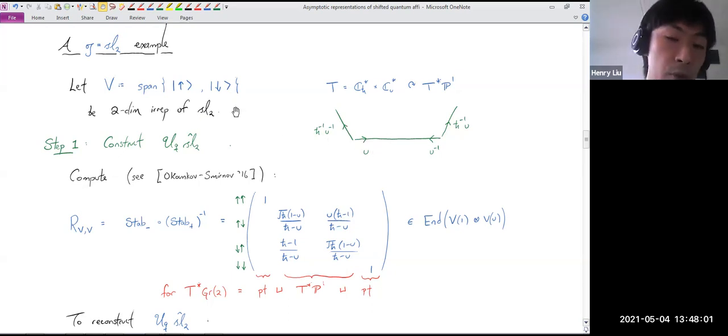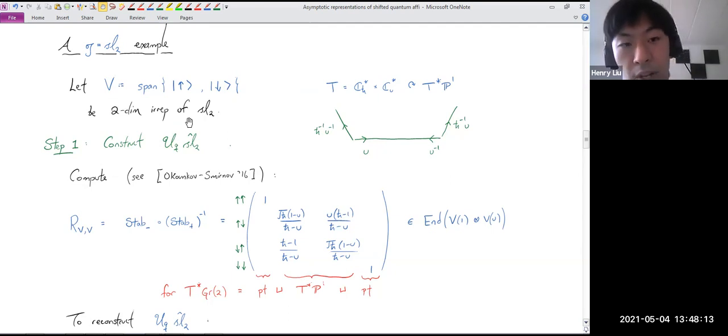On the representation theoretic side, we'll write V for the two-dimensional defining representation of SL2, and we'll write its two basis vectors as up and down, following very old tradition from spin chains.